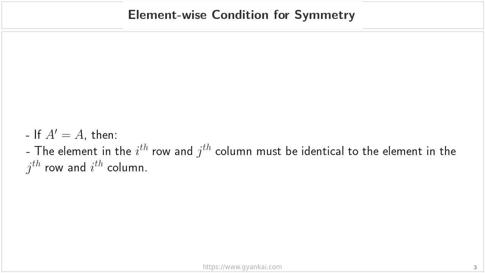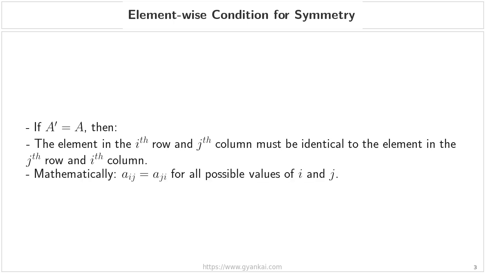Element-wise condition for symmetry. Now, building on the definition we just discussed in the previous slide, let's look at what this means for the individual elements within the matrix. If the transpose of matrix A is equal to matrix A itself, then a very specific condition must be met. Specifically, the element located in the ith row and jth column must be identical to the element located in the jth row and ith column.